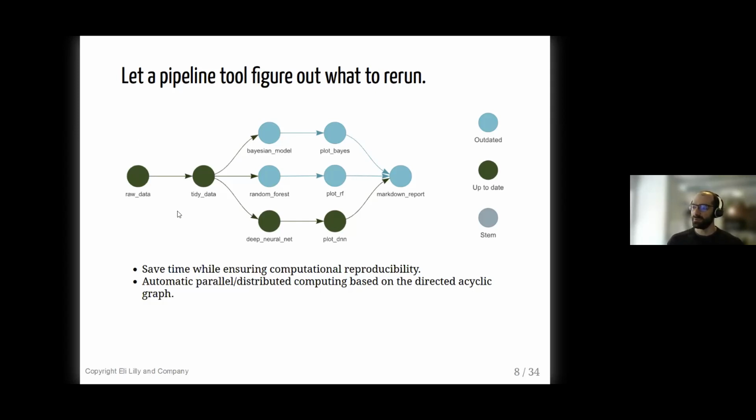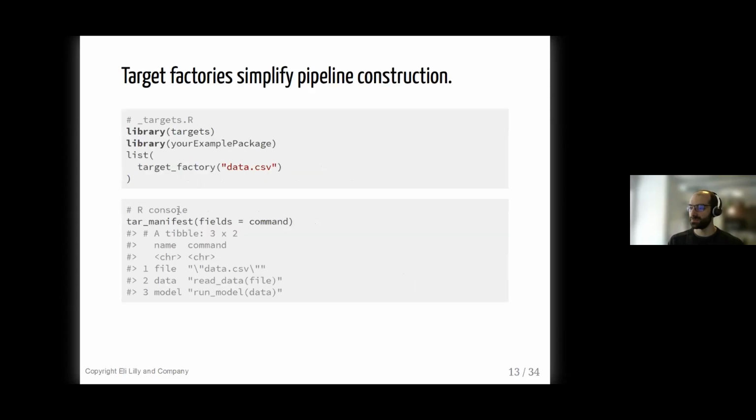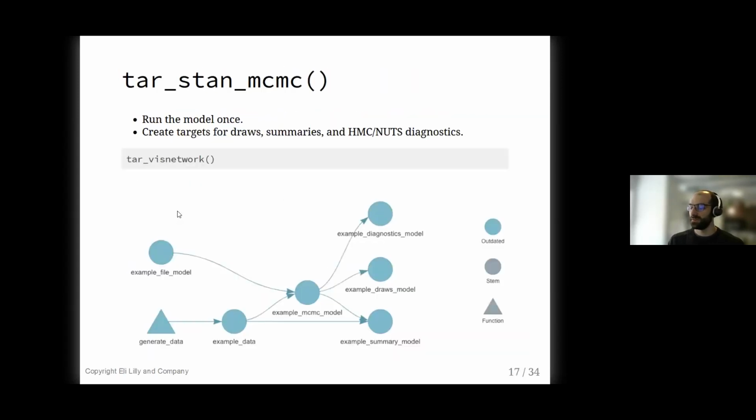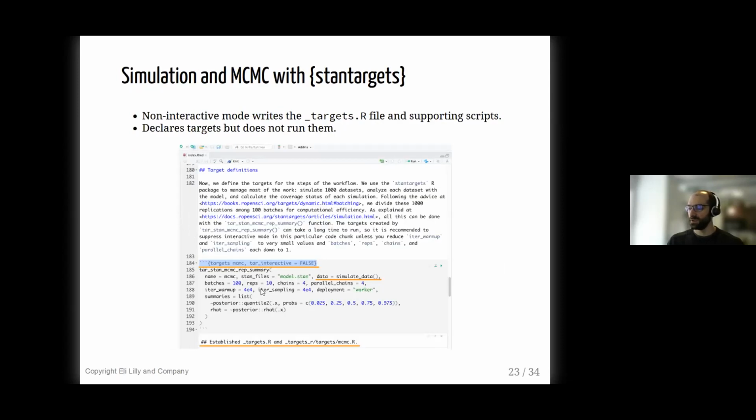But if you chop up the workflow into as many targets as possible, that's going to store a lot of different files, and at some point the performance of targets is going to slow down at around several thousand targets. And that's why some of these target factories, when they use dynamic branching, do this in batches. So if we go to this target statement here, we're simulating data sets and running the model on each one.